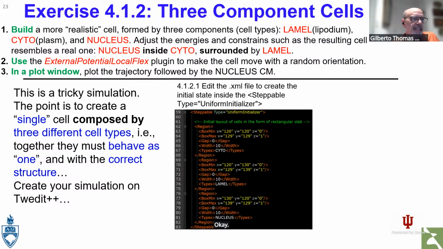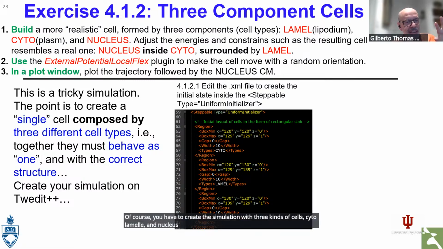So the first thing that you're going to see in the XML, in this uniform initializer, is how, of course, you have to create the simulation with three kinds of cells: cyto, lamel, and nucleus.